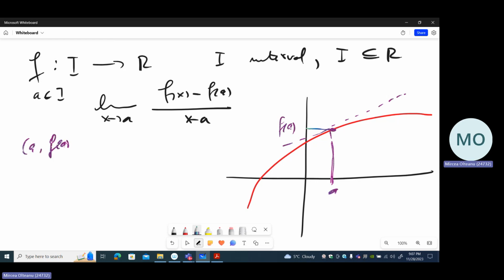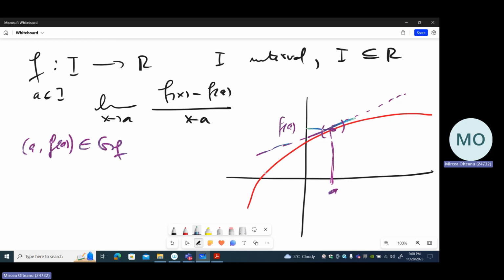This is the point on the graph of the function, and to find the straight line which is the closest to the graph of the function, which is the best approximation of the graph of the function around the fixed point on the graph.